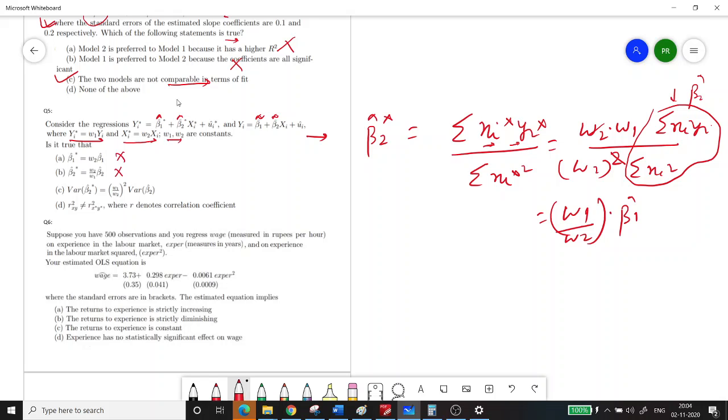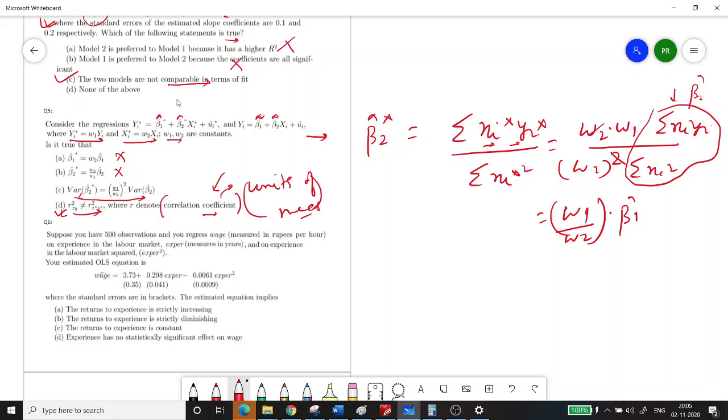This option is also not right. Let's come to this option, and let's discuss this option first because this is more obvious, and obviously it's an MCQ, so you must be very smart also to answer these questions. So it says that r square xy is not equal to r square x star y star. You must understand that in our lecture number 2, we discussed that the correlation coefficient is devoid of units of measurement.